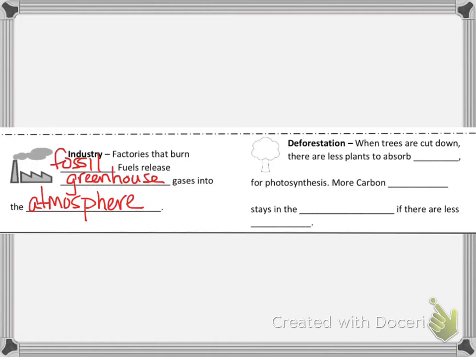If they're just cutting it down, whatever they're using to cut it down is also releasing carbon dioxide in the air. And if there are fewer plants, that means fewer plants to absorb the carbon dioxide for photosynthesis, and more carbon dioxide stays in the atmosphere.